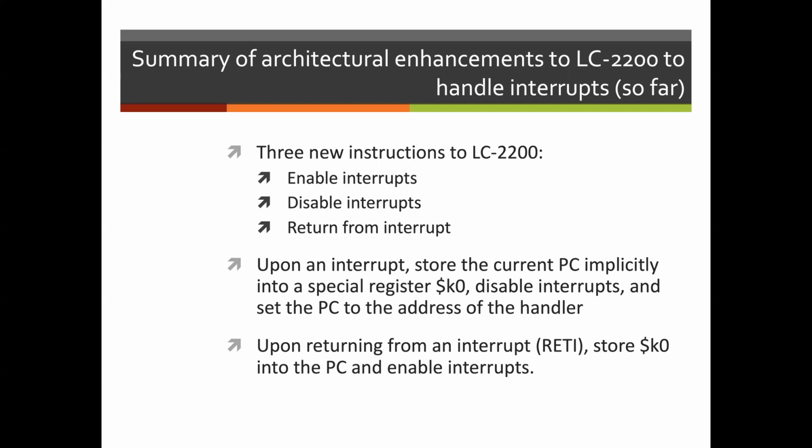And then you want to keep in mind that upon an interrupt, we're storing the current program counter implicitly into register K0. This allows for interrupts to be further disabled, and then we set the program counter to the address of our new handler. And so upon returning from an interrupt, we store the new value of K0 into the program counter, and then we're able to enable interrupts appropriately.